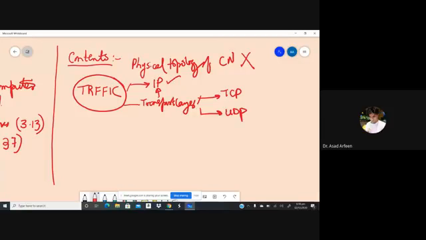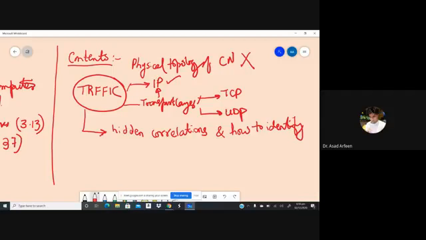When we talk of traffic, the content should be something like this: what are the hidden correlations in the traffic, and how to identify them. These are some of the main things in your course.